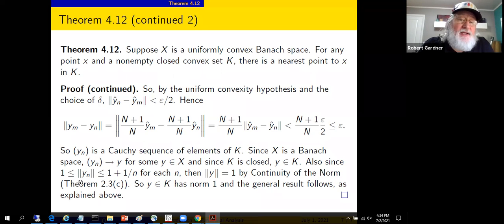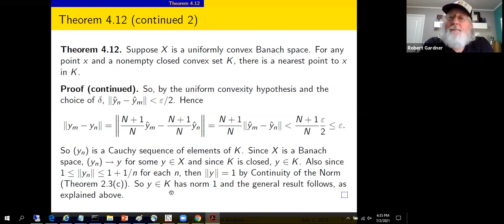We've chosen the y sub n's to satisfy this condition on their norms. So the vector y itself must have norm 1. As n approaches infinity, this approaches 1. It's the continuity of the norm that we're using here. So y is a unit vector in set K, and it has norm 1. That means it's in the modified and scaled set K. It's the closest vector to the 0 vector.